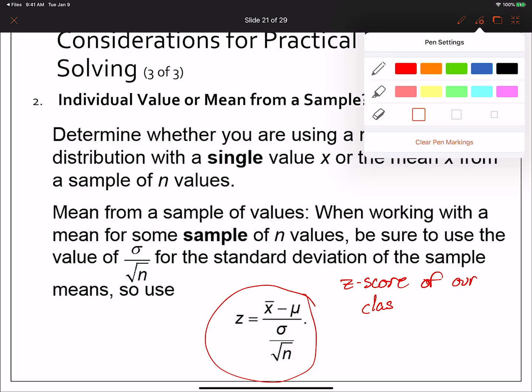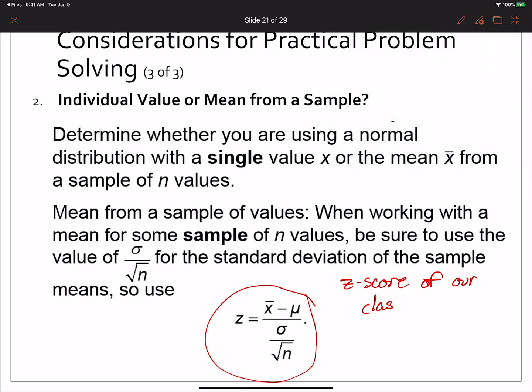Because that should instead be the z-score of our class's mean height, right? And basically, we'd be comparing our class's mean height with another class's or with everyone else, every other class, right? So we would need to find the z-score of our class's mean height.